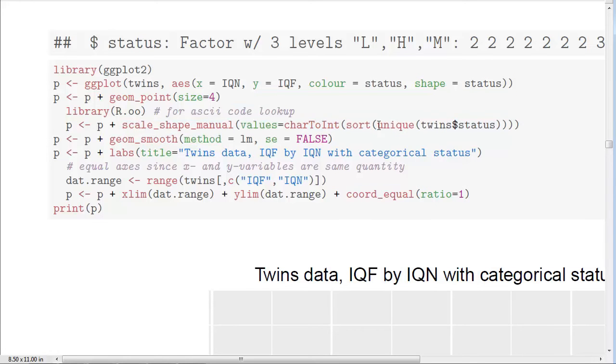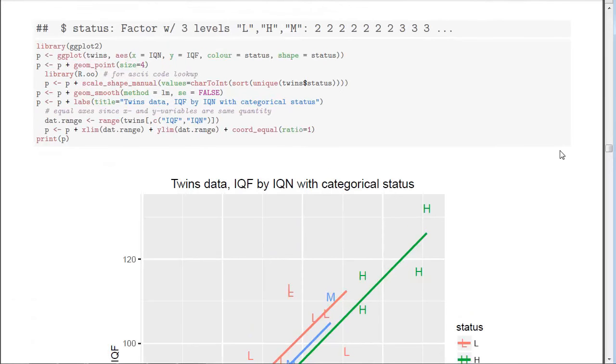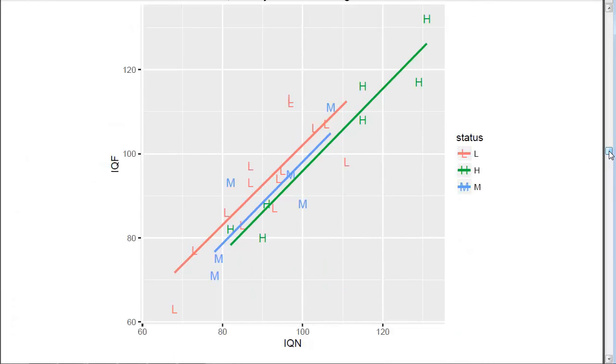So here I look at the status, and I look at what are the unique values from status, and that's H, L, and M. Then I sort these alphabetically, which may or may not be important, and then I convert those characters L, H, and M to integers, and those are the values that I can use then as my shapes to plot. Whew. Well, fortunately I figured that out, and you'll never have to figure it out, but you can just come back here and do it when you need that. All right, so that's what created that plot.